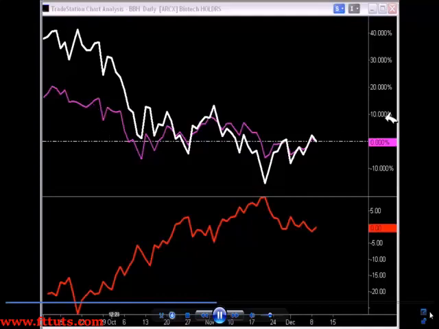So, okay, this is biotech. Again, all the symbols are going to be up here if you're interested. So biotech, this is very, very important to look at. It gets a little tricky. Sometimes people have a little bit of a hard time reading this, so I'm going to help you with this. Okay, biotech is the purple line down here, and the S&P is the white one.